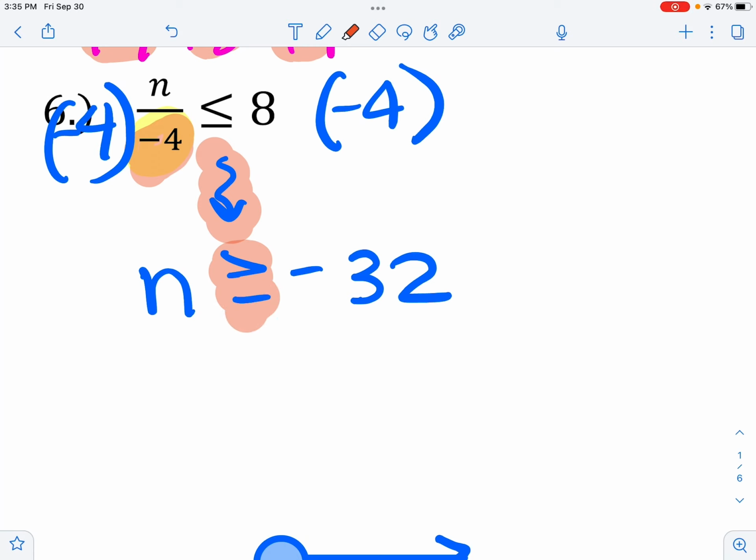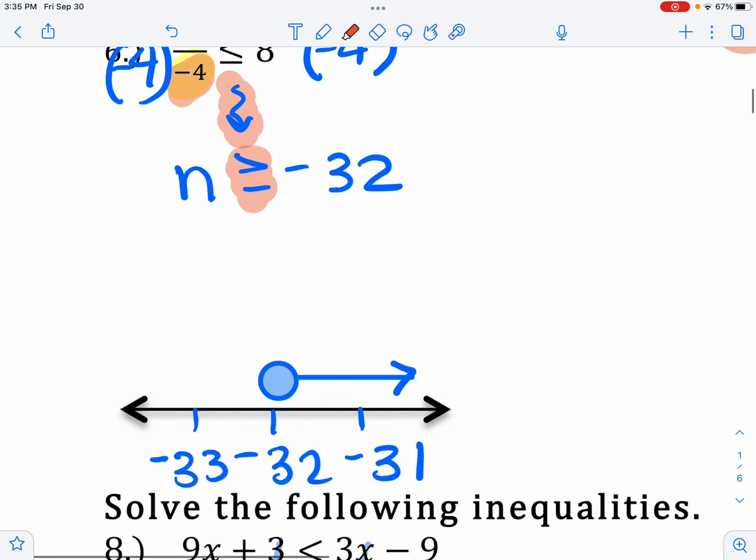I'm going to go ahead and multiply by negative 4 on both sides because that's the inverse of division, opposite of division. And I get n is greater than or equal to negative 32. When I graph, I put negative 32 in the middle, a number smaller, a number bigger, and it could be negative 32 because it's equal to negative 32 or bigger than that.